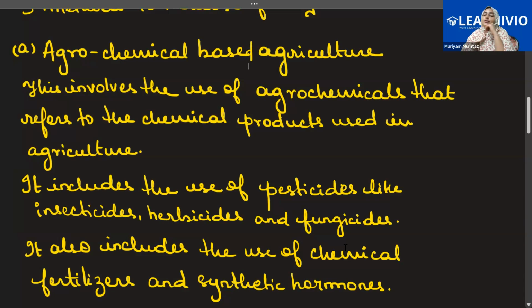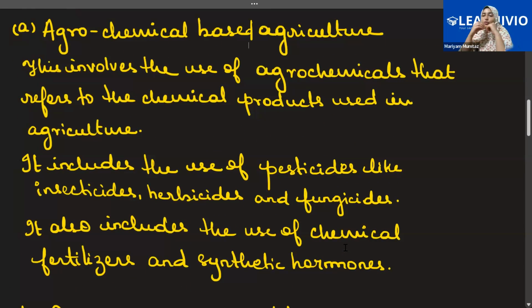Apart from that, they also use chemical fertilizers to provide nutrients. You will know that fertilizers and manure are used to give much nutrients to the plant, right? So this is the conventional farming practice that we were discussing. This is agrochemical based agriculture.